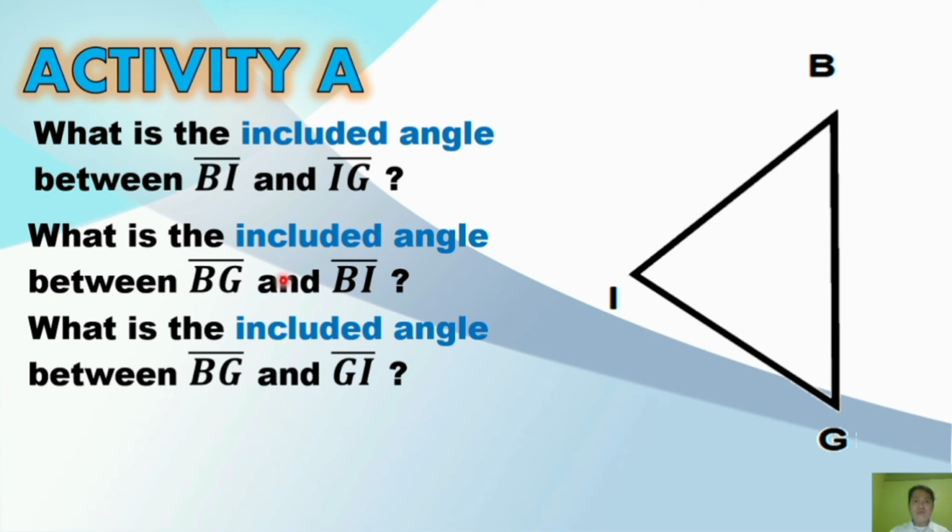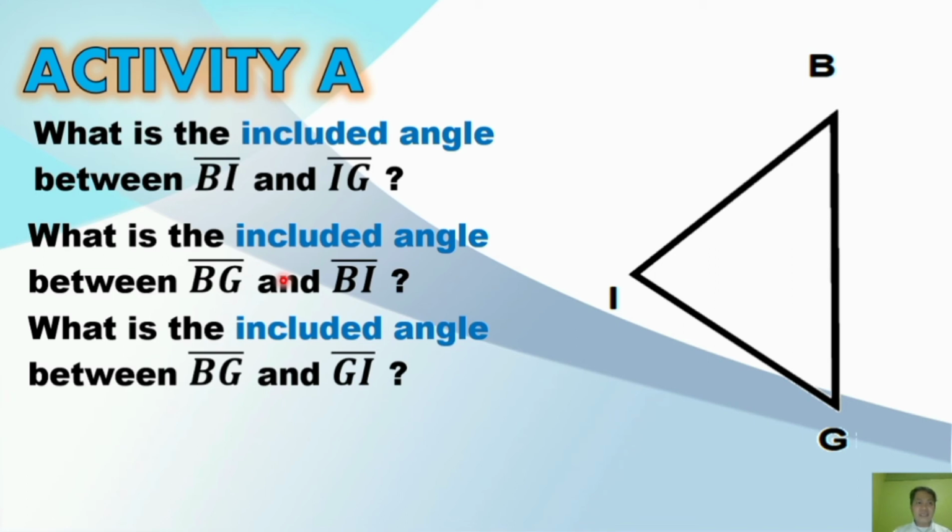All you need to do is to pause the video and answer. This is just a self-assessment. Let's see if you have learned something. So all you need to do is to answer these 3 questions in 3 minutes before I reveal the answer. Pause it for 3 minutes and give your answers.